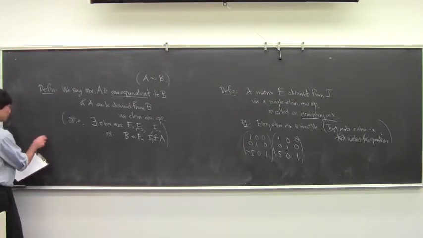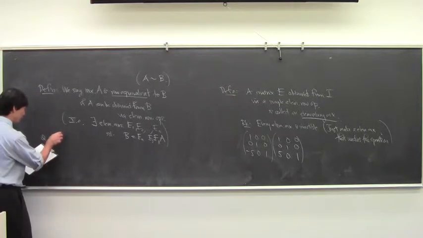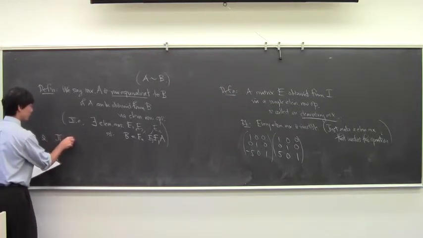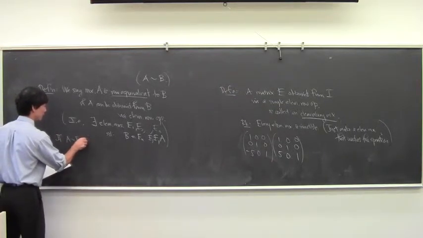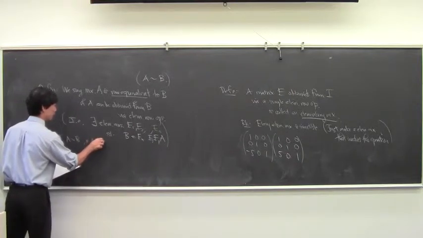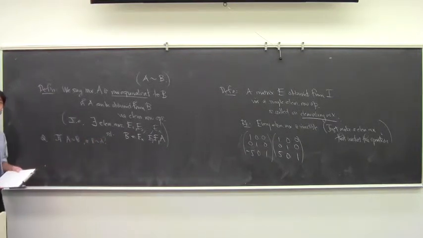Sort of easy question. If A is row equivalent to B, is B row equivalent to A? If A can be obtained from B via elementary row operations, can B be obtained from A via elementary row operations? Yeah, because the elementary matrices are invertible. Exactly.